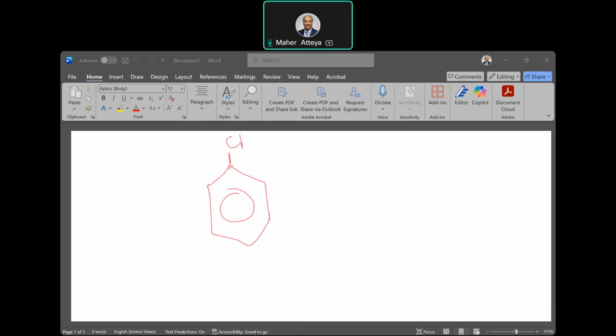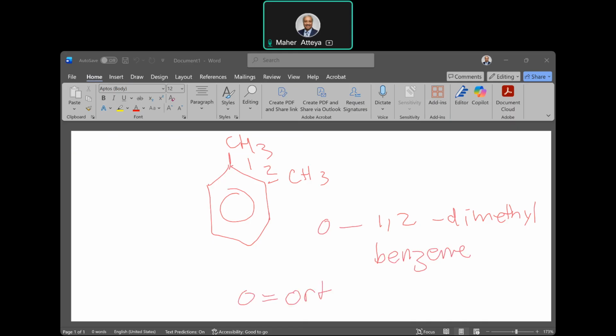This is CH3, CH3, 1 and 2, 1,2-dimethylbenzene, called ortho. O stands for ortho. So ortho is the attachment of the methyl group in position 2. So this is ortho-xylene.